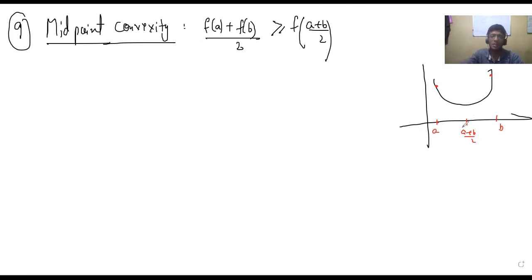That is midpoint convexity. And the question really is asking: does this imply convexity?